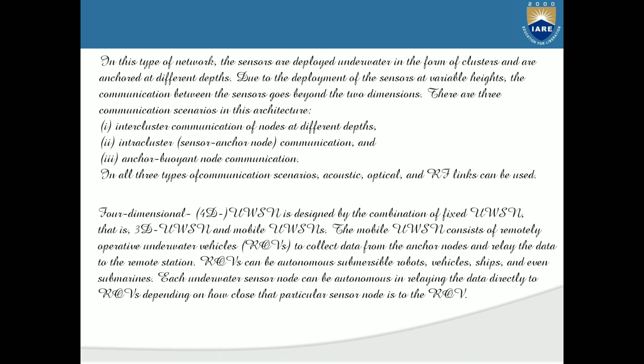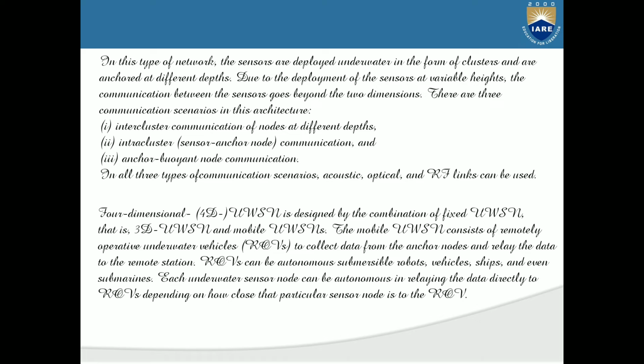Four-dimensional UWSN is designed by the combination of fixed UWSN, that is 3D UWSN, and mobile UWSNs. The mobile UWSNs consist of remotely operated underwater vehicles, ROVs, to collect data from the anchor nodes and relay the data to the remote station.